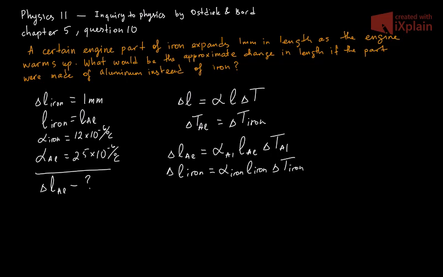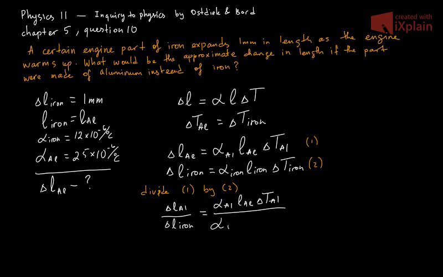Okay, so let's call this equation 1. This is equation 2. Divide 1 by 2. We can write delta L aluminum divided by delta L iron equals alpha aluminum L aluminum delta T aluminum divided by alpha iron L iron delta T iron.